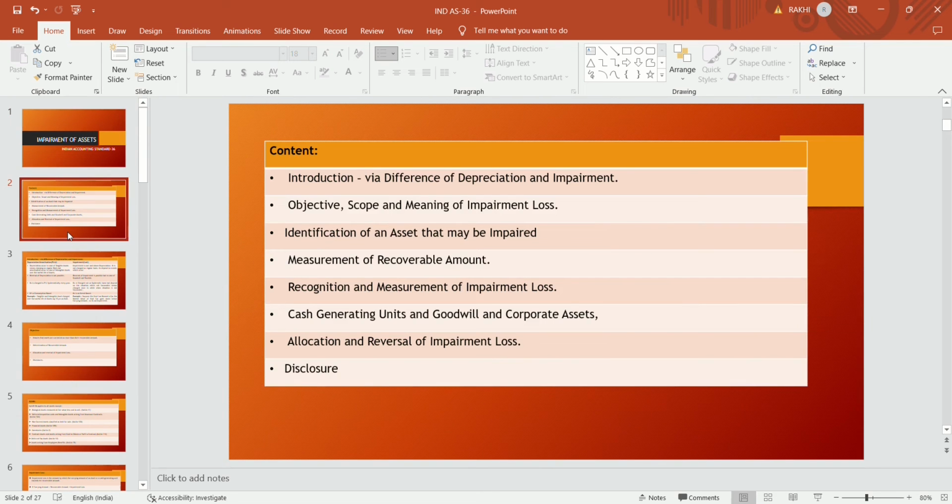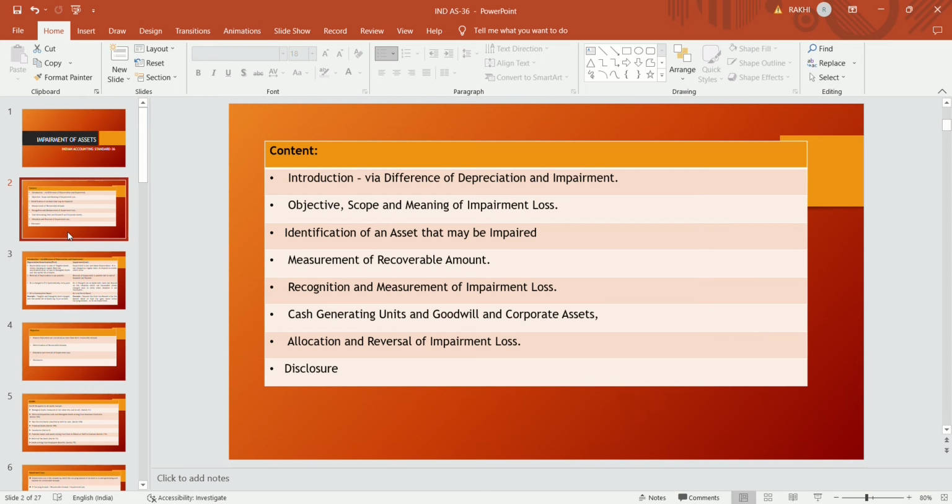What we are going to discuss in this standard, firstly, is the introduction, that is how it is different from depreciation, because both do a reduction in the value of the asset. Depreciation is also a reduction, but depreciation is on a regular, systematic basis, the company reducing the value of the asset in the form of depreciation.